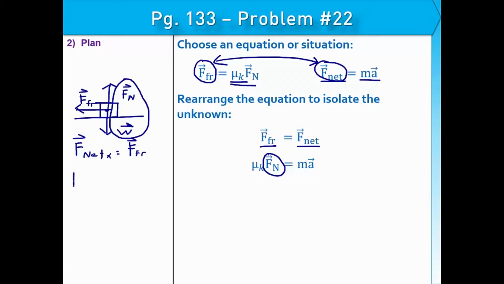The net force in the y direction requires me to add up all the forces in the y direction. So I'm going to add the normal force, and because the weight is acting in a downward direction, I'm going to subtract the weight. Because the block is not accelerating upward or downward, the net force is equal to 0.